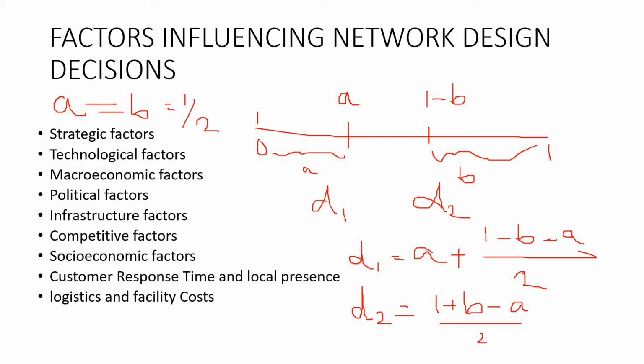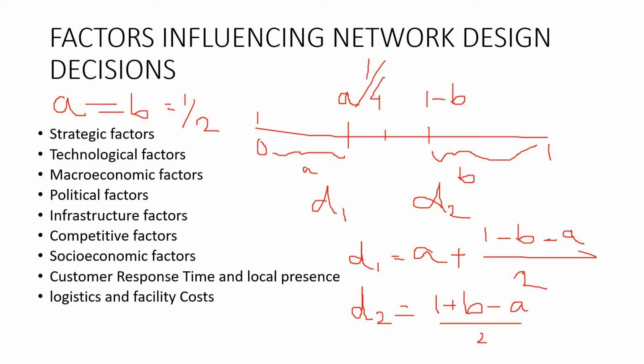It is also observed that when both these organizations locate in the middle of the line segment, the average distance that customers have to travel will become 1 by 4, that is a quarter of the distance.